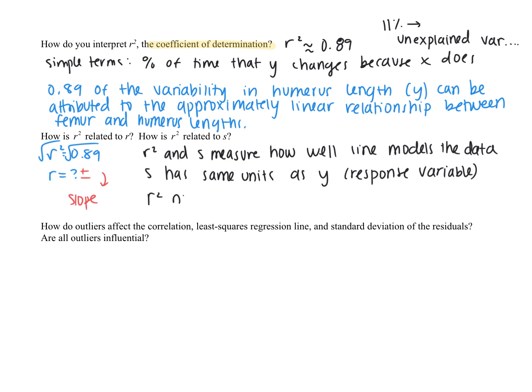R squared has no units. Neither address the form of the relationship. Neither will tell us if the relationship is linear or nonlinear. For that, we would have to look at a graph.